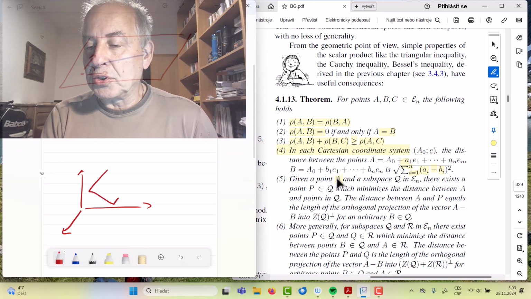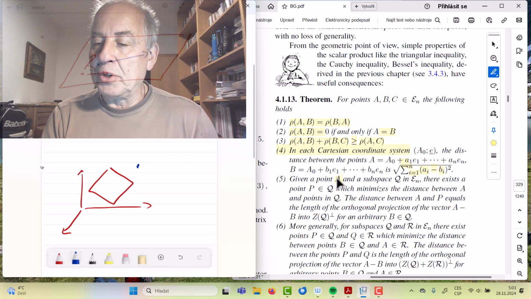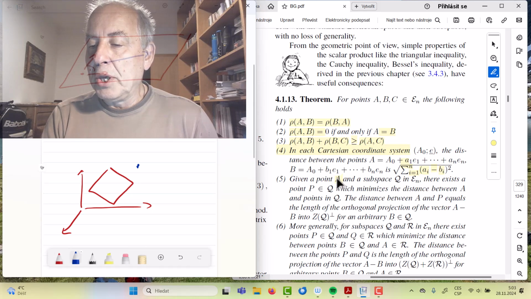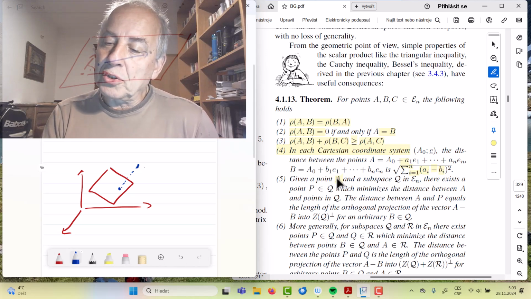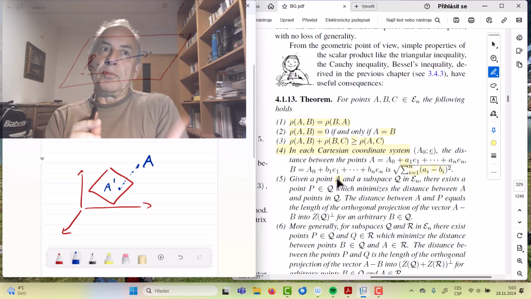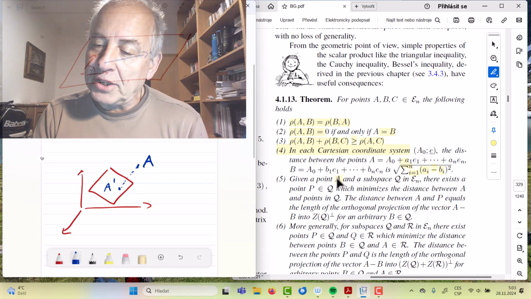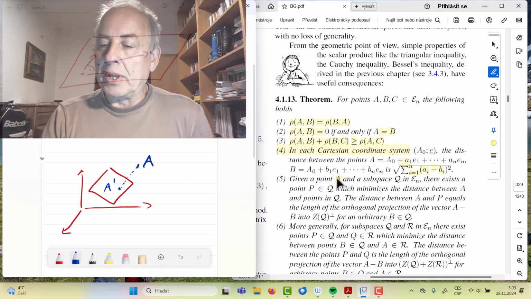I will just draw a piece of plane, and then there will be a point somewhere here, and the distance of the point from the plane will be given by the perpendicular, so the orthogonal projection. So this is A, here will be some A dash, and the distance from the plane is exactly the length of the orthogonal component. And how do we get it?